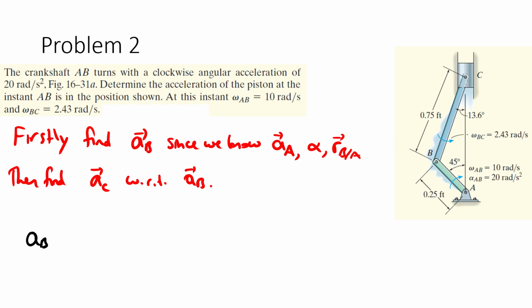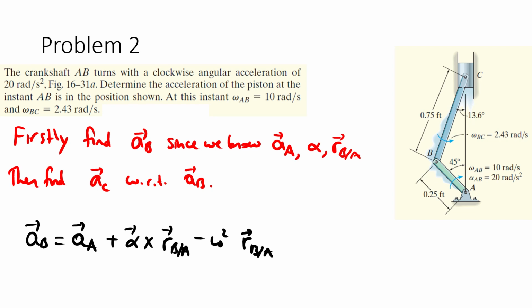The acceleration of B will be equal to the acceleration of A plus alpha cross the position of B with respect to A, minus omega squared times the position of B with respect to A. First thing, the acceleration of A is 0.